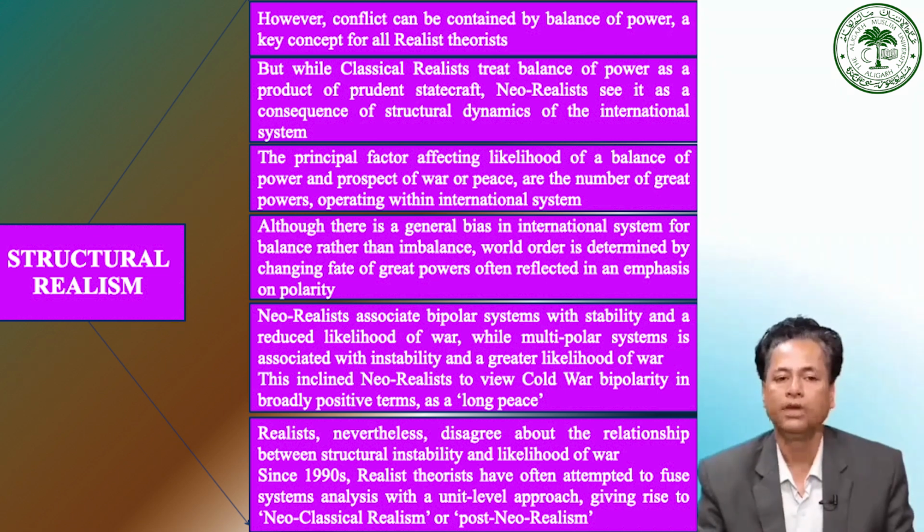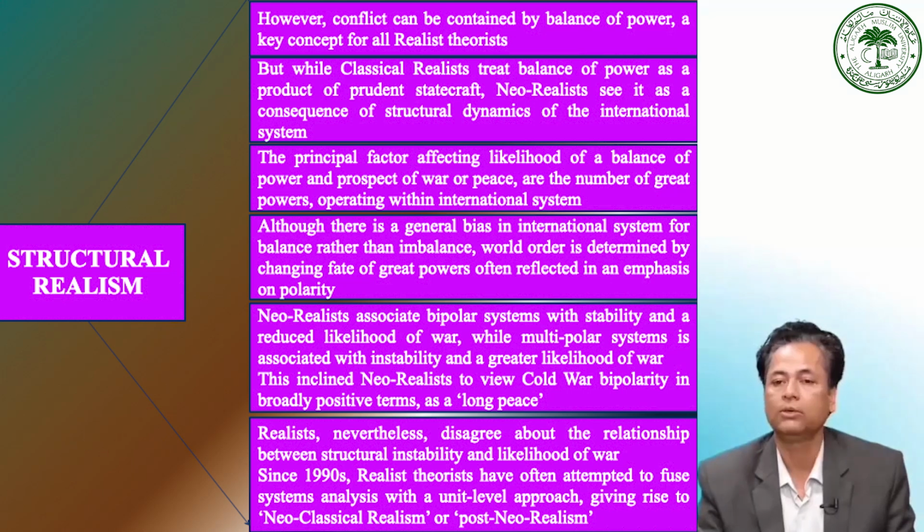However, the fact that states are inclined to treat other states as their enemies does not necessarily lead to war or violence. Rather, neo-realists, in common with the classical realists, think that conflict can be contained by the balance of power, a key concept for all realist theories.